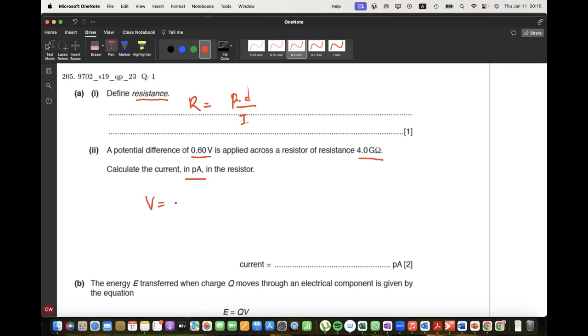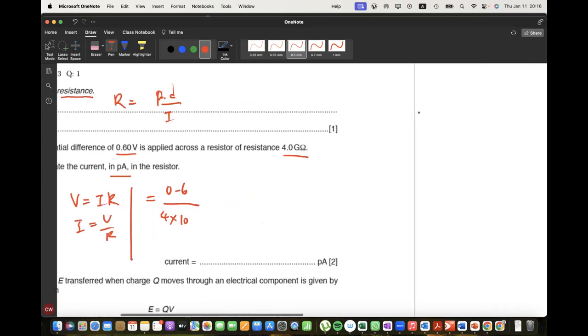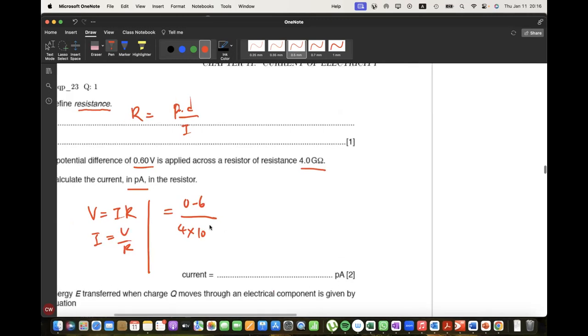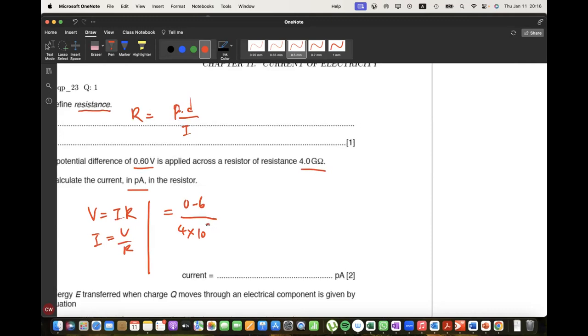V is IR. I is V over R. V 0.6. R 4 giga. Do you know how much is giga? Okay. Giga is 9, right?